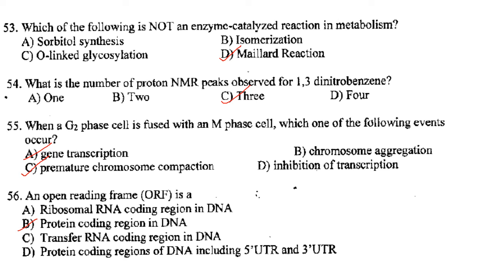And during the mitotic phase, the cell divides its copied DNA and cytoplasm to make 2 new cells. The nuclear DNA of the cell condenses into visible chromosomes and is pulled apart by the mitotic spindle. So when you fuse G2 phase and M phase cell, there can be gene transcription. Answer is option A, as well as premature chromosome compaction. So both A and C are correct.